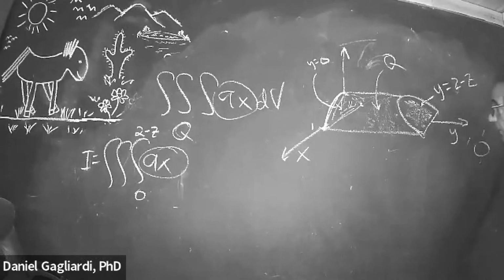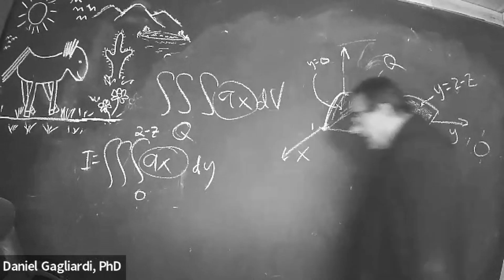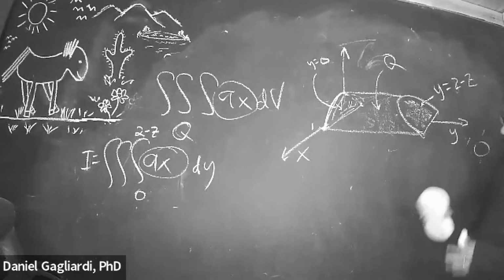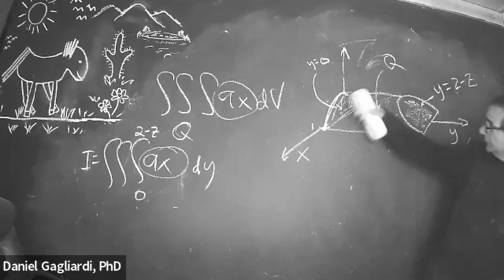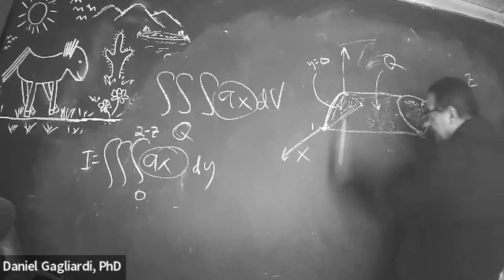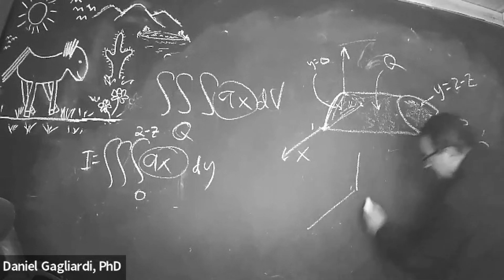All right, so now we have the roof and the floor. Fine, that's dy. Now, for the x and the z integral, we have to look at the patch of grass. As I noted, the patch of grass is going to be in the xz plane. Let me abstract that.